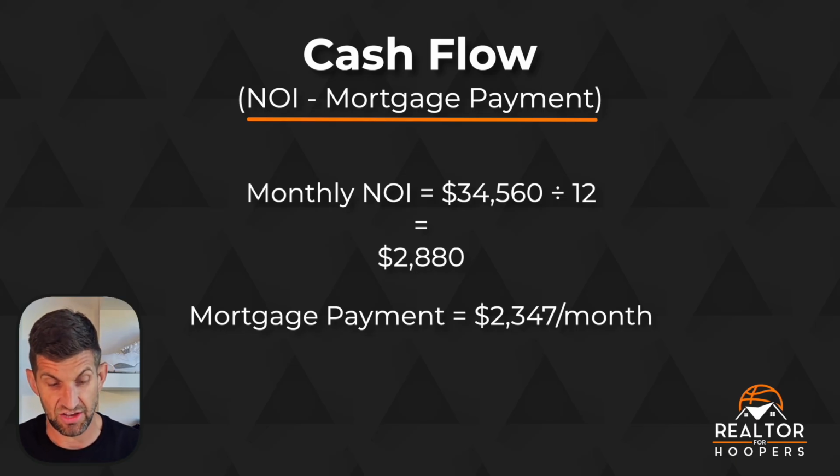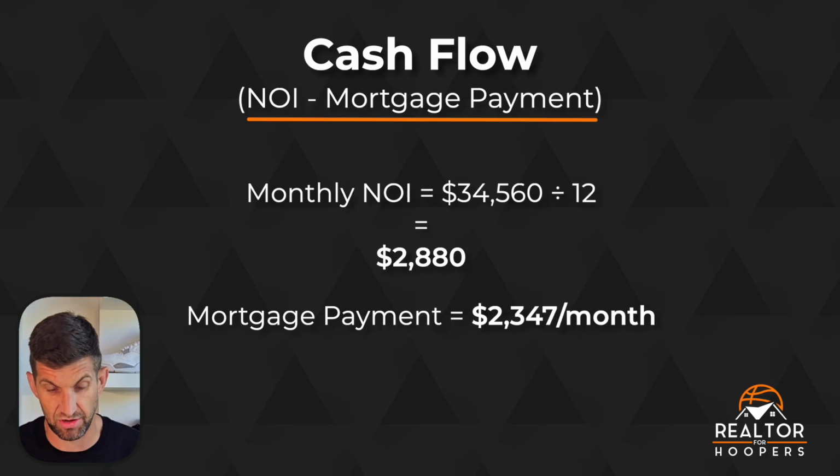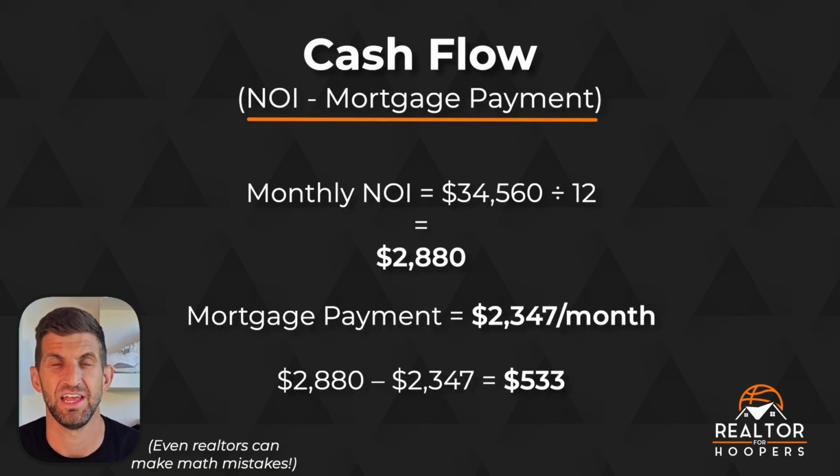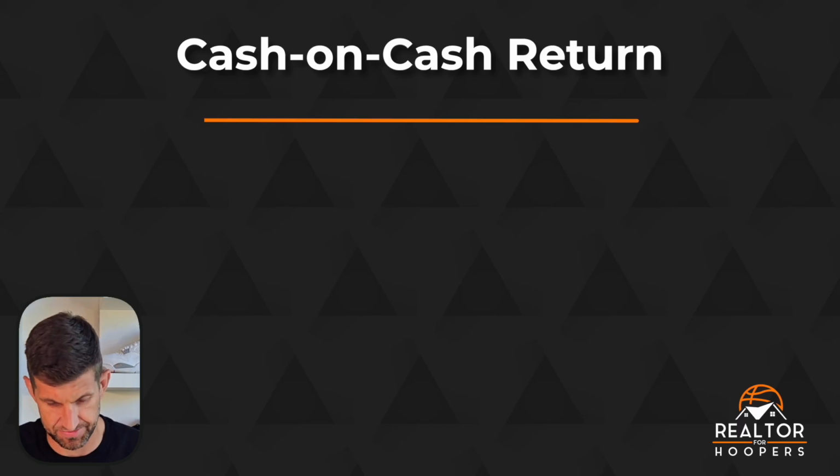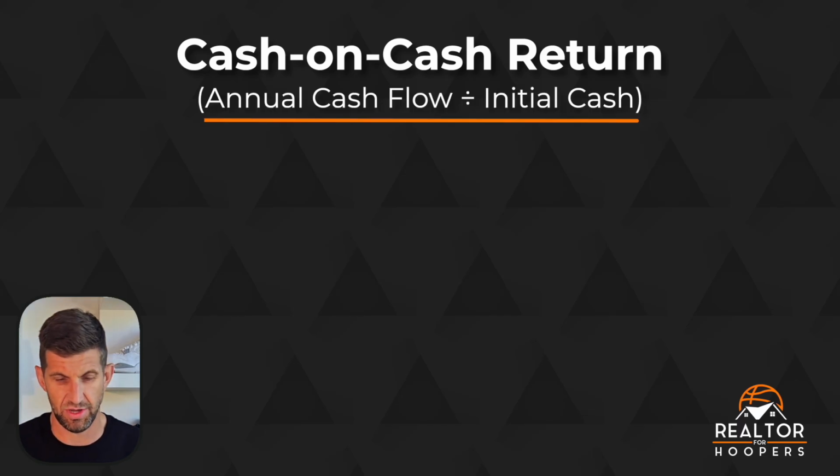So your cash flow is that $2,800 of monthly net operating income minus your monthly payment of $2,347, which is $453 per month. Cash on cash return, which is annual cash flow divided by your initial cash costs.